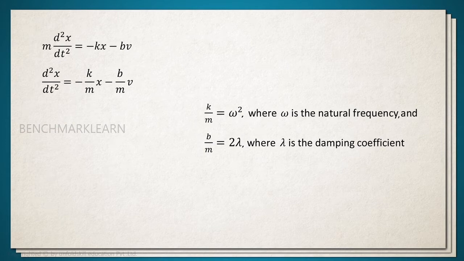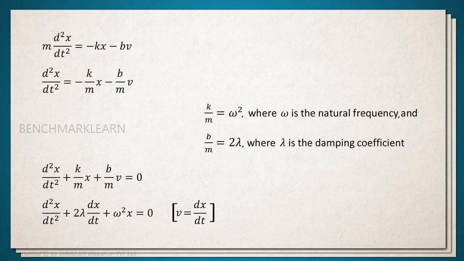So the equation will be in a new form, d square x by dt square plus k by m into x plus b by m into v equal to 0, that is d square x by dt square plus 2 lambda dx by dt plus omega square x equal to 0.